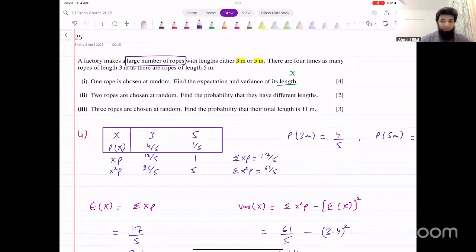So don't look at the marking scheme and think that since the probability is not changing, it's with replacement. No, it is without replacement. The reason the probability would not change is because they're saying that it's a large number of ropes. So the probability remains constant.